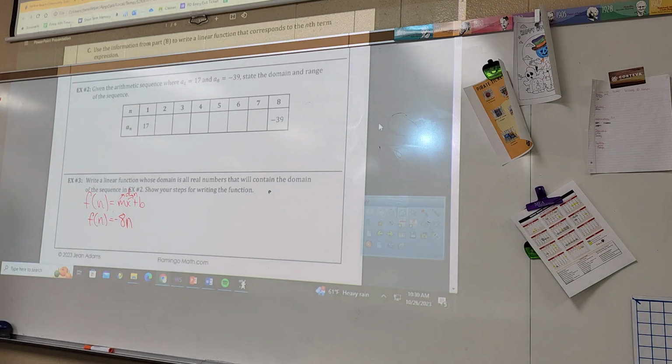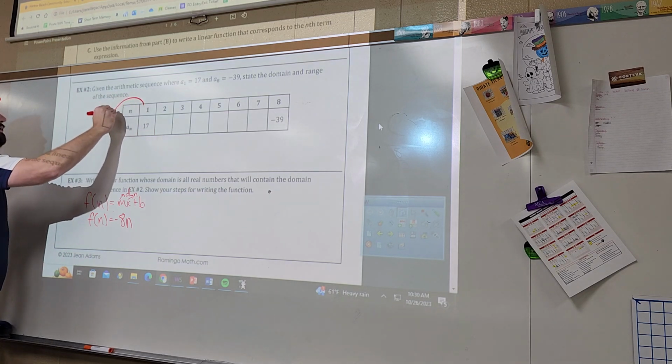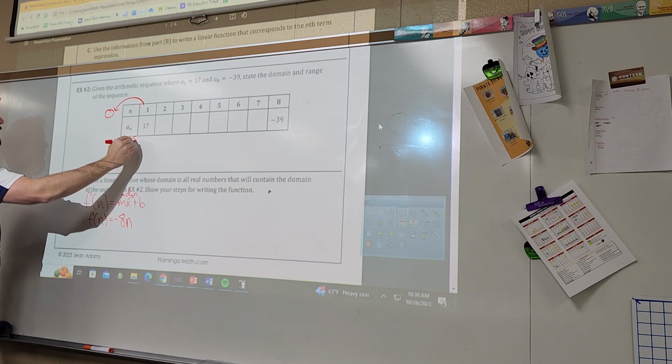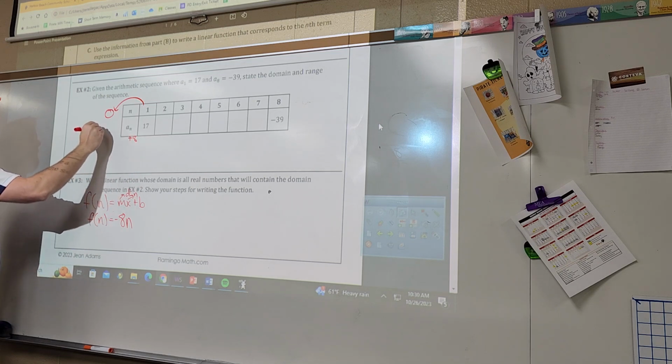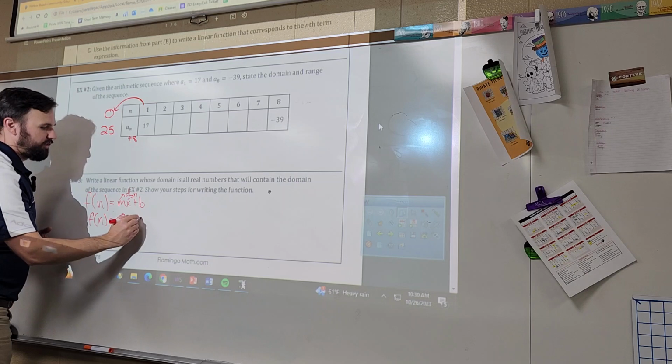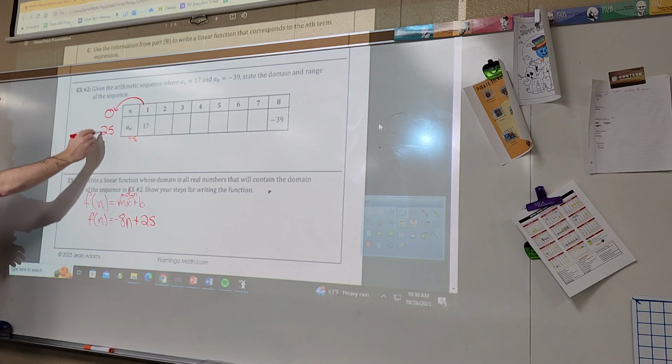Now, d is the slope, the common difference. What am I missing? Y-intercept. How can I find my 0 term? You would add an 8, right? Because it's the opposite of subtracting, so that'd be 25. Does that make sense? Because my 0 term would be my y-intercept. So I do -8n plus 25.